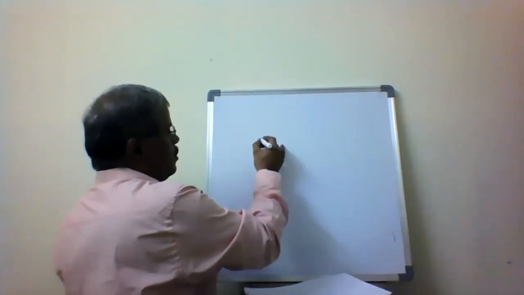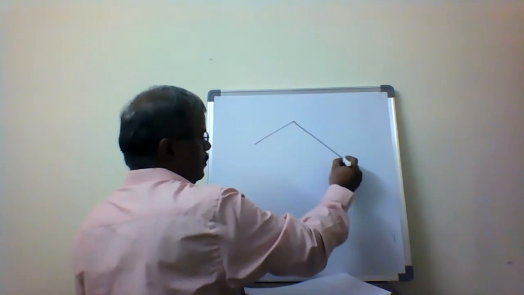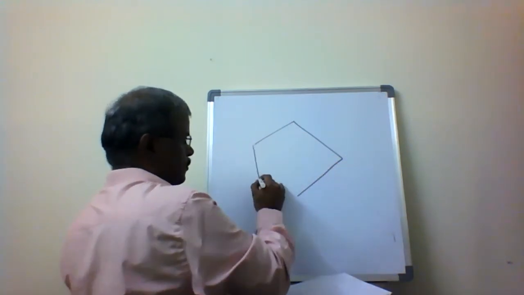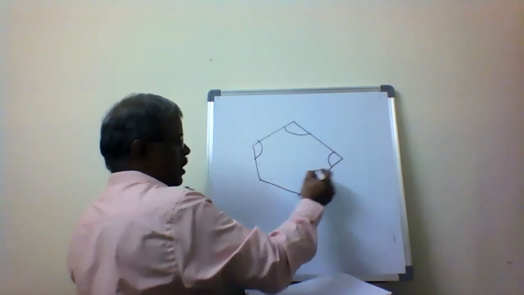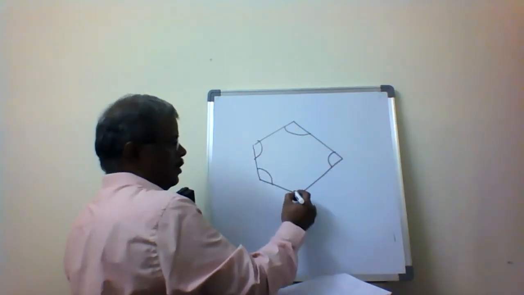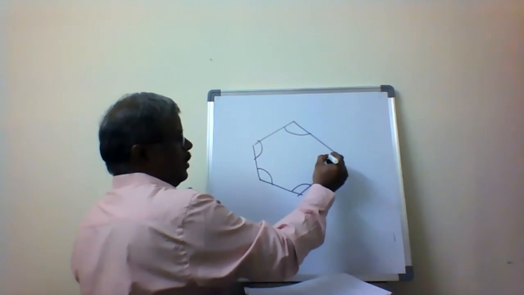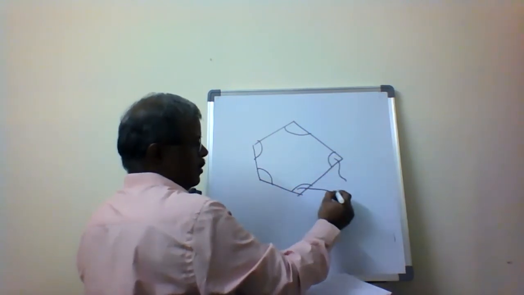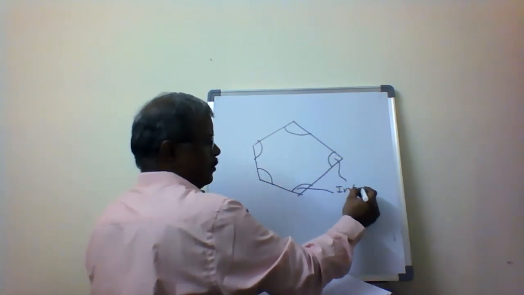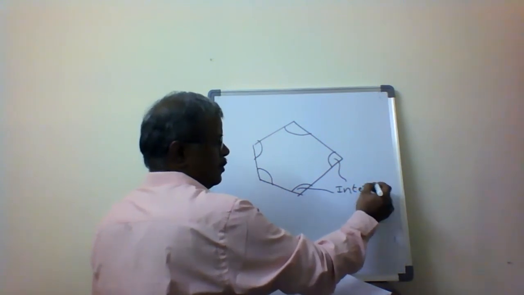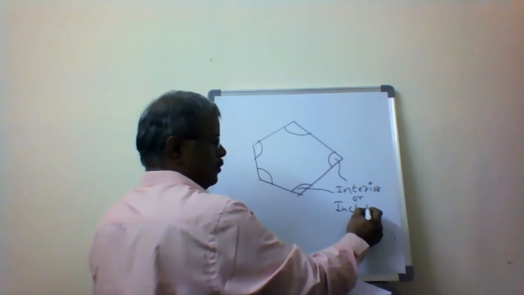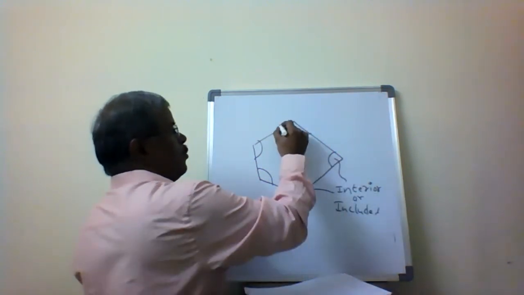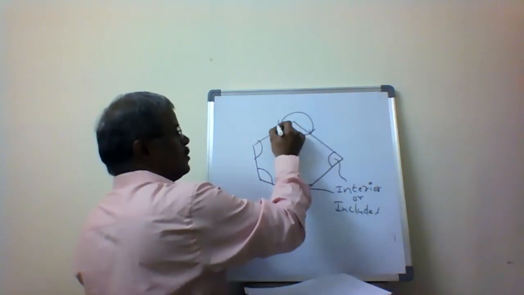So if you take the polygon, this is the polygon. This is whatever I'm going to be measuring. These are what we call interior or include angles. If I calculate outside of the traverse, this is called exterior.